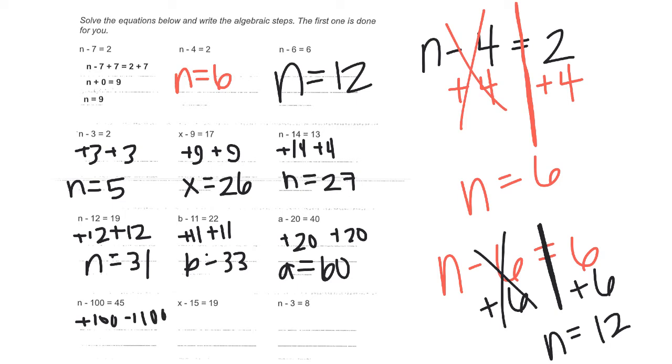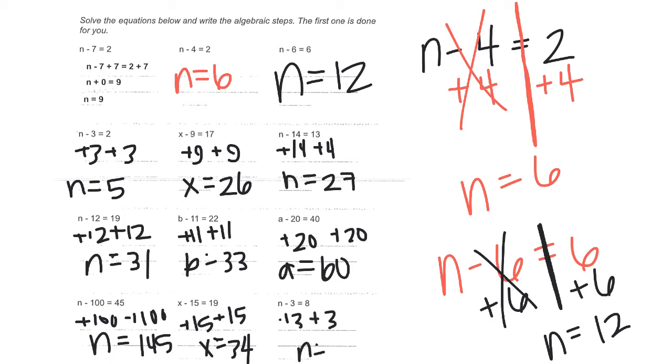And notice these are all subtraction, and this is to make sure that you guys are understanding the skill. Add 15 to both sides, x equals 34. And then add 3 to both sides, n equals 11.